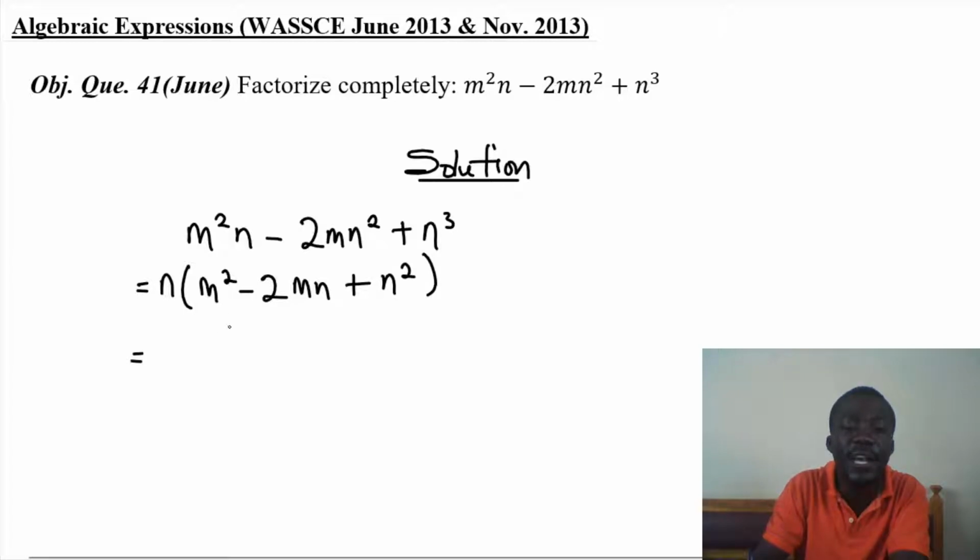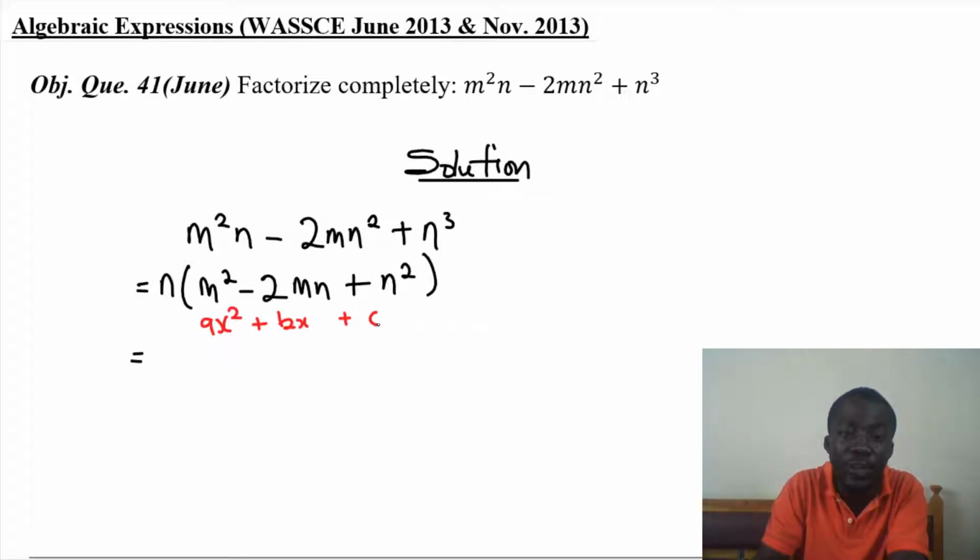What we have inside the bracket is a quadratic trinomial in the form ax squared plus bx plus c, where the x squared in this case is the m squared and the n squared is the constant here.